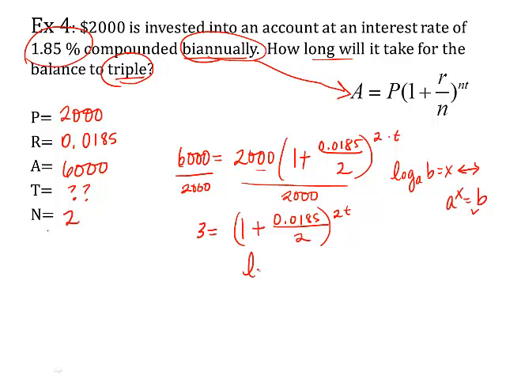So I'd say log base, what's the base? All of this mess right here, which I'm going to go to my calculator and figure out. 1 plus 0.0185 divided by 2. If I do that in the calculator, I get 1.009, just for now. So that's my new base, 1.009.